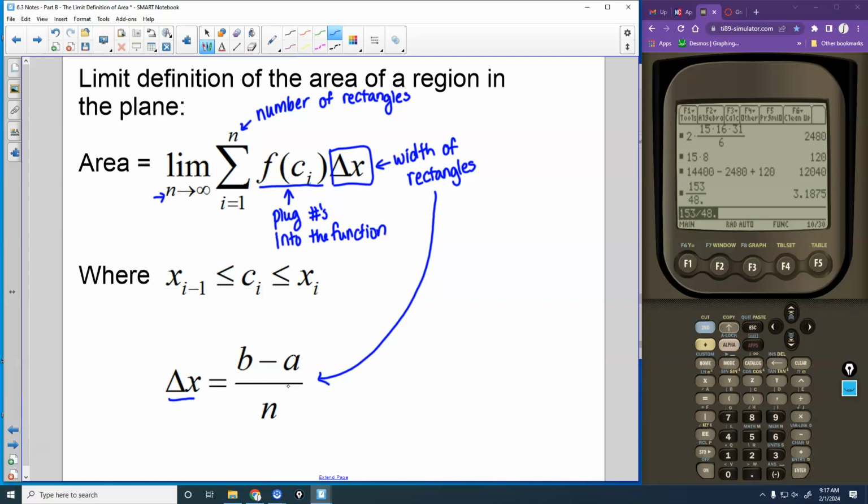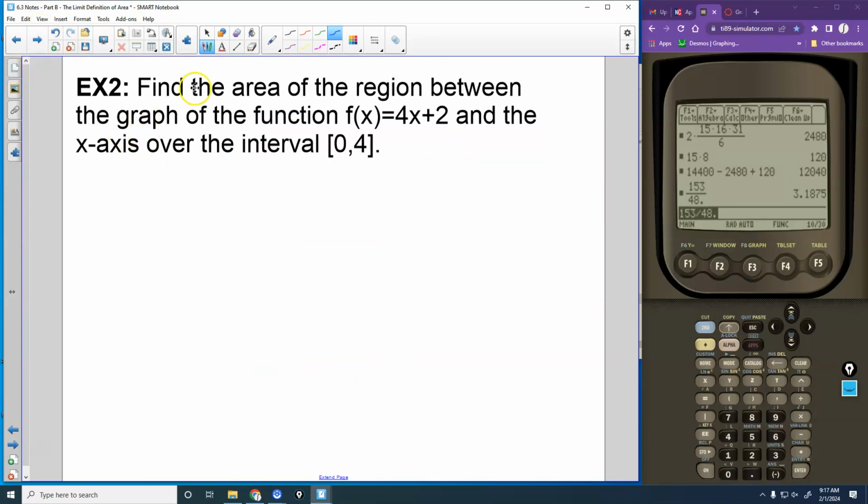So let's look at the problem for this. Okay, we want to find the area of the region between the graph of the function f of x equals 4x plus 2 and the x-axis over the interval from 0 to 4. If we want to find the width of a rectangle, we just take the length of that interval and we divide it by our number of rectangles, right?